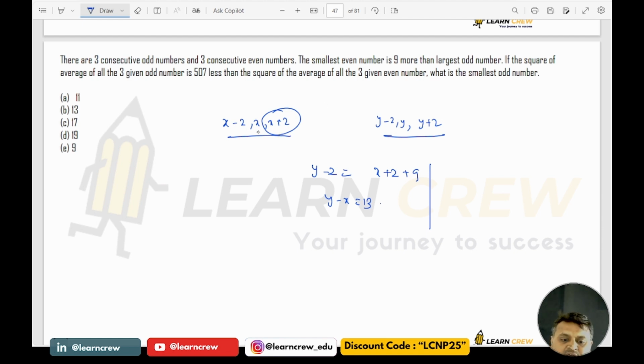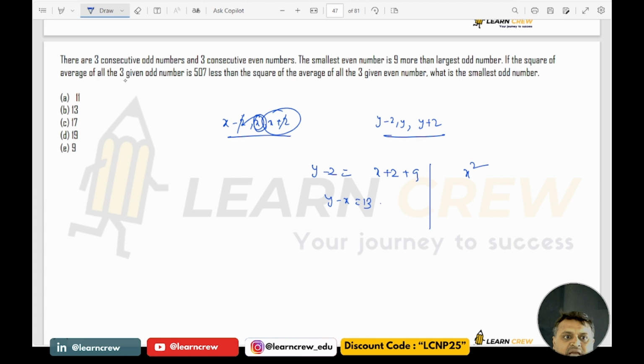Average means x minus 2 plus x plus x plus 2 by 3. So minus 2 and plus 2 will get cancelled, thereby 3x by 3, which is x. So simply the average is the middle term, x.